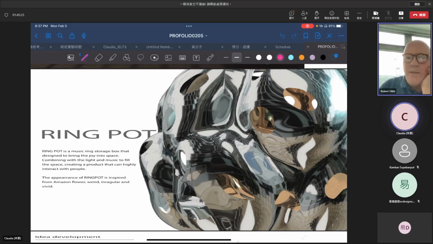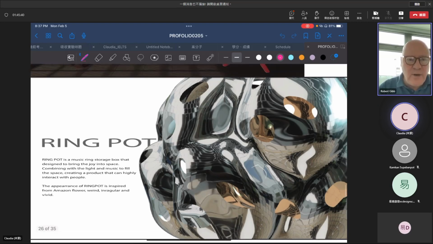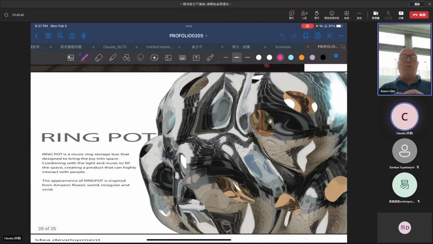With Blooming Green, Booksell and Ringpot, you need to be clear about the audience. This is where you have to say what it's for and who the audience is. You're missing those parts in those three projects. You have them in the first two, but not in these three. That's going to be really important, yeah?